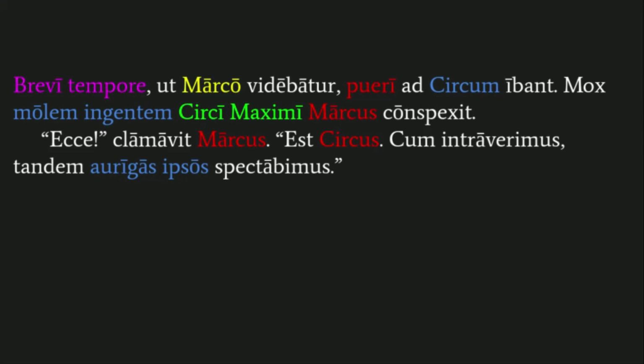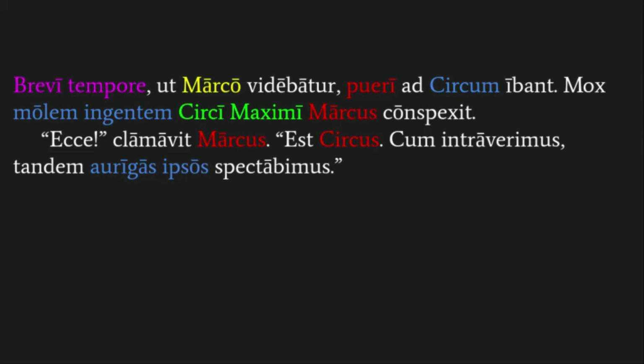Cum intraverimus, tandem aurigas ipsos spectabimus. So he says, when we will have entered, intraverimus is future perfect tense. So again, he's setting up two different actions in the future, intraverimus and spectabimus. By using future perfect, you're saying first you have to enter, right? First we will have entered. So it says when we will have entered, that happens first.